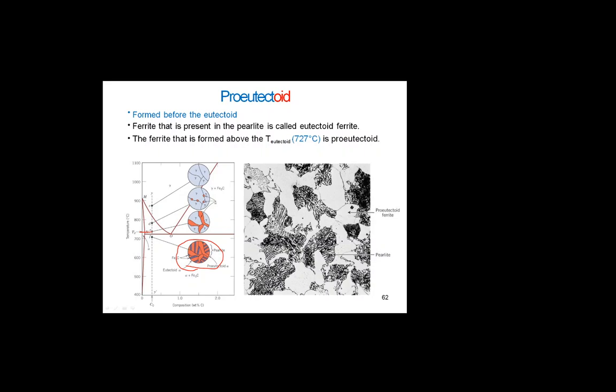Now we are considering this figure to understand the pro-eutectoid steel. The ferrite that is present in the pearlite is called the pro-eutectoid alpha ferrite, whereas the one formed above the TE is termed pro-eutectoid, meaning the pre- or before-eutectoid. So pro-eutectoid is all about the transformation before the eutectoid.